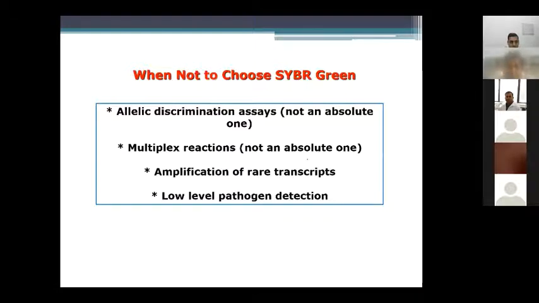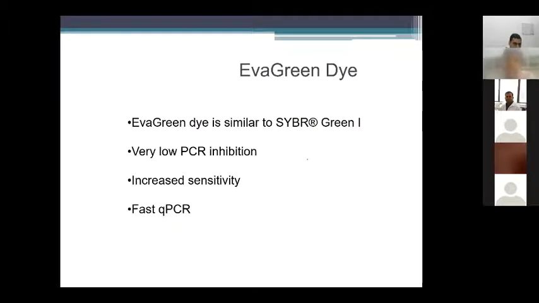In this reaction we also multiplex different genes related to the coronavirus and the human, and also different genes related to the capsid and other things. So we use the probe-based assay.